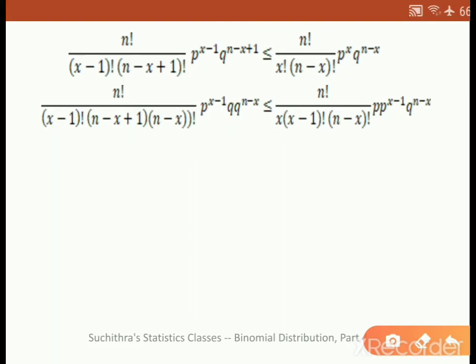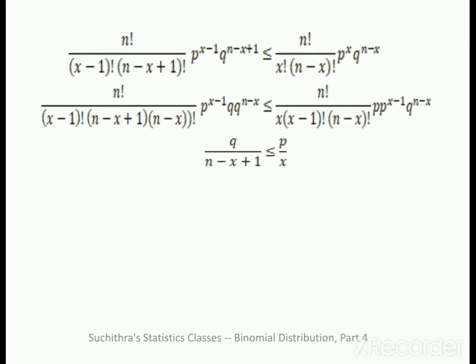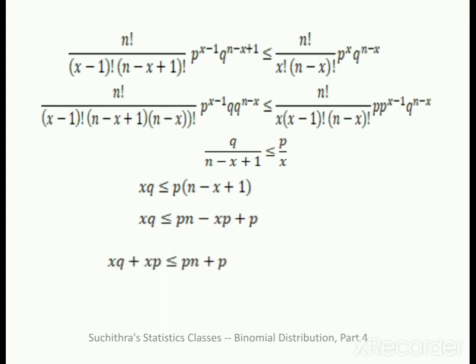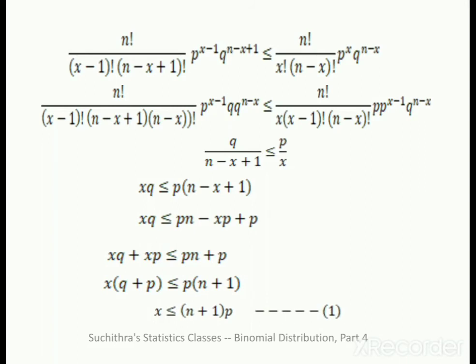And cancelling the like terms, the n factorial terms get cancelled, (x-1) factorial and (x-1) factorial get cancelled, (n-x) factorial and (n-x) factorial get cancelled, p^(x-1) and p^(x-1) get cancelled, and these two get cancelled. Then you will get this expression: q by (n-x+1) less than or equal to p by q. On simplifying and taking terms containing x to the left side, we will get x less than or equal to (n+1)p.